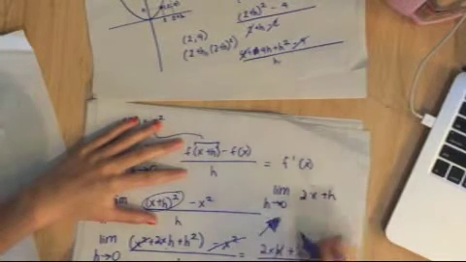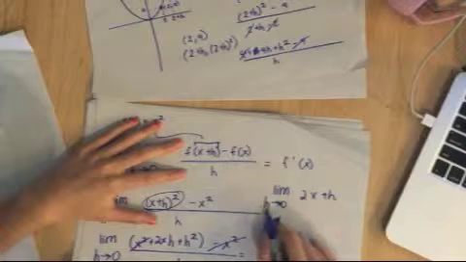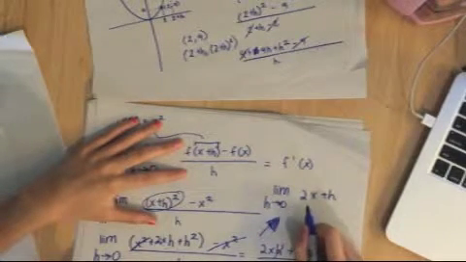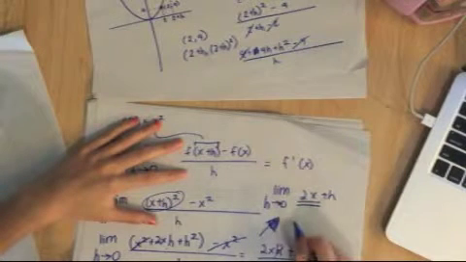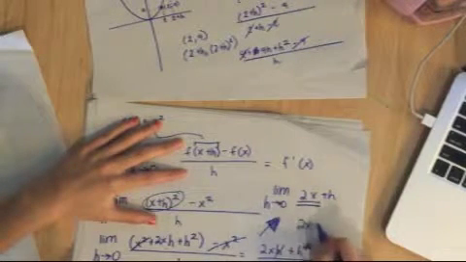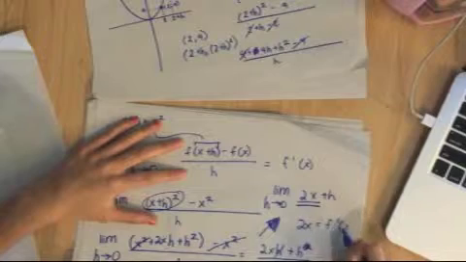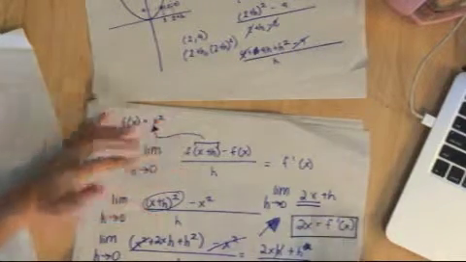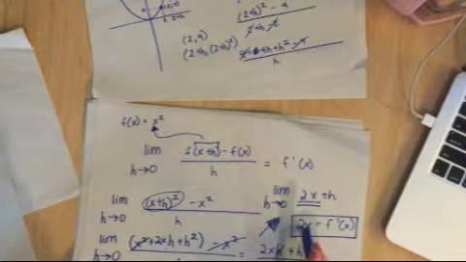As you have learned before, to find the limit, you just plug in 0 for h, and our answer is 2x. So this is our derivative. That is your answer. So what does this exactly tell us?